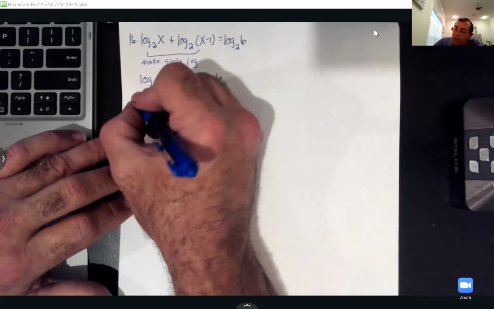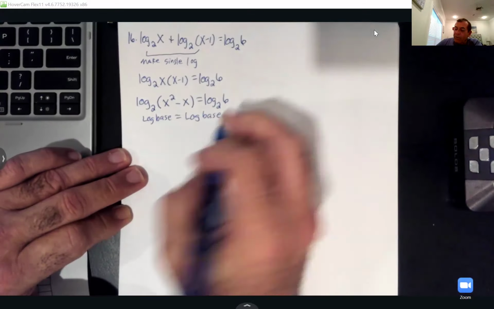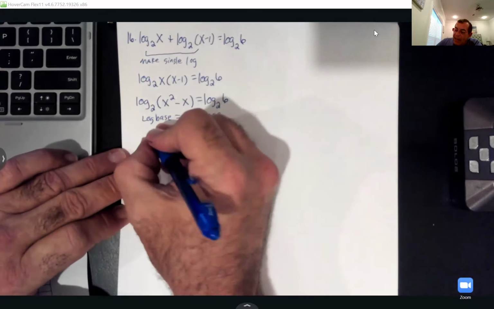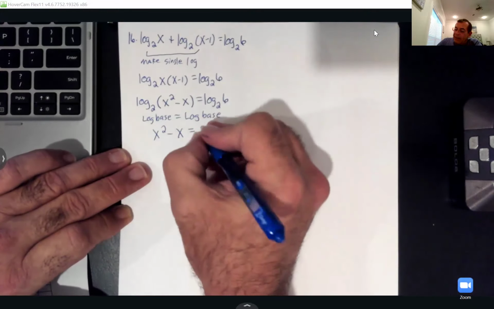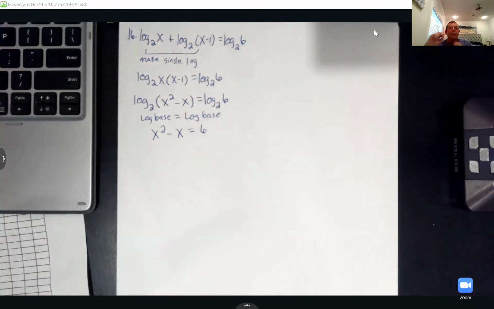Oh, y'all see we do have a log base equal to a log base, which means x squared minus x equals that 6.